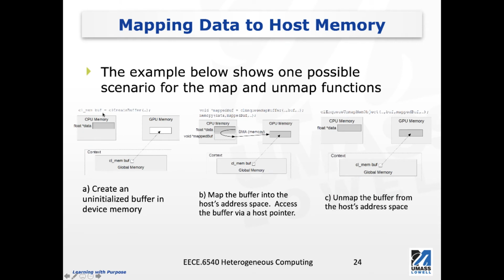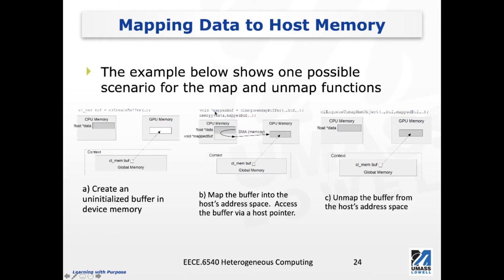First we use clCreateBuffer to create a buffer memory object on the device side. So this buffer object points to some space on the device memory. And this clEnqueueMapBuffer API call will take this buffer as an argument and return a mapped buffer.